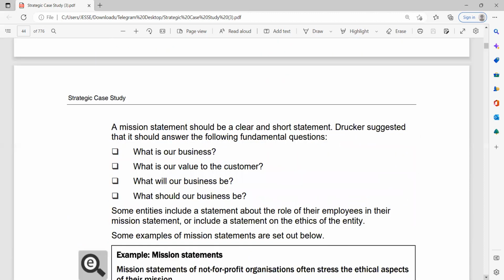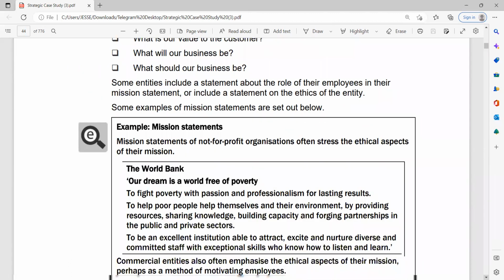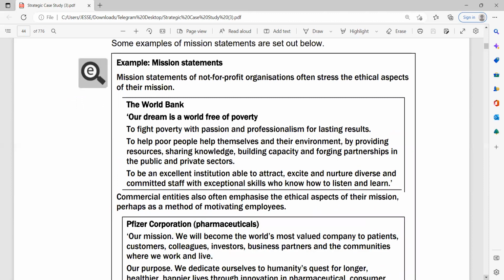Questions that will be asked when it comes to the mission statement, some of the things it will try to cover, are: What is our business? What kind of value are we offering? What are we aiming to achieve? Why are we operating? These are all questions that the mission will cover. So these are examples of mission statements.